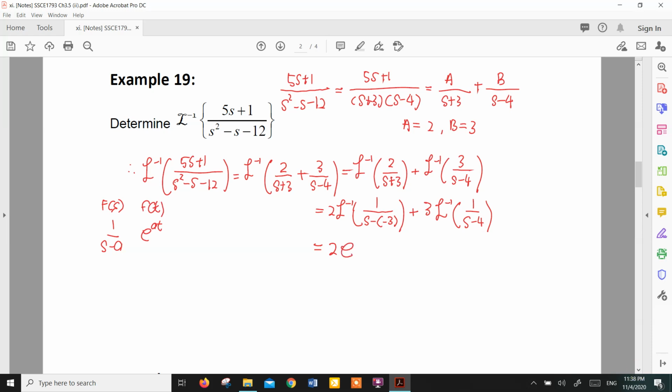So this one is 2e to the power of negative 3t plus 3, and for this function it is e to the power of 4t. So the inverse Laplace of this function is equal to this one.